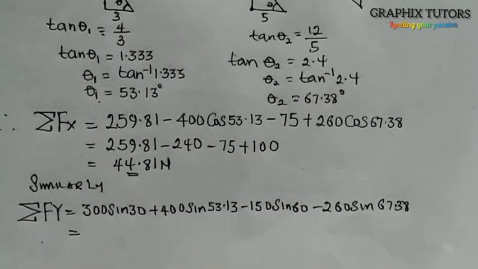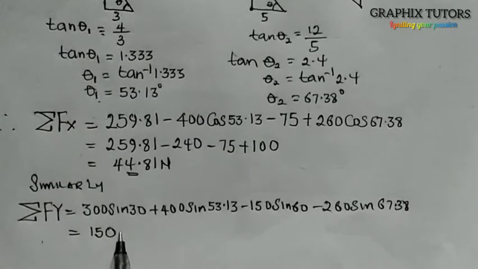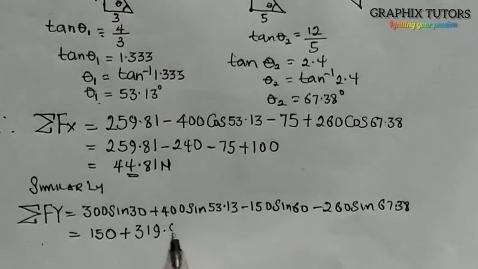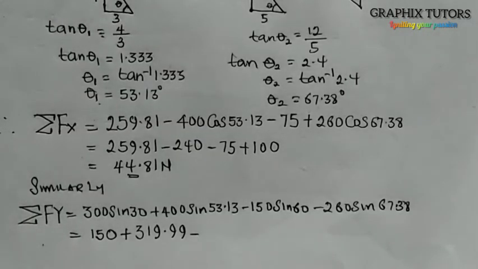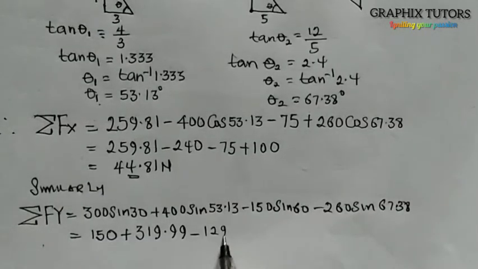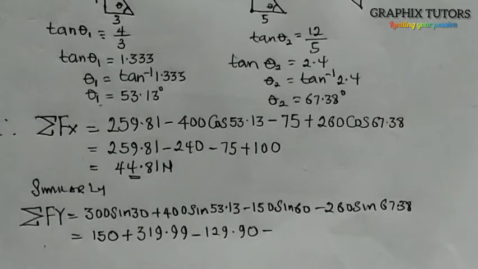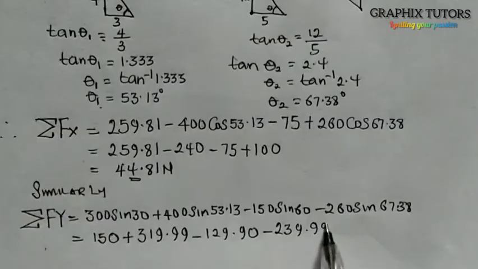And this will now give us 300 sine 30, which is 150, plus 400 sine 53.13, that'll give us 319.99, minus 150 sine 60, that is 129.90, then minus 260 sine 67.38, which is 239.99.